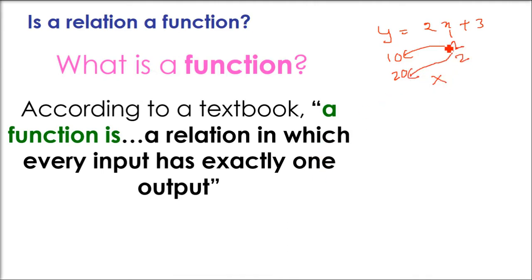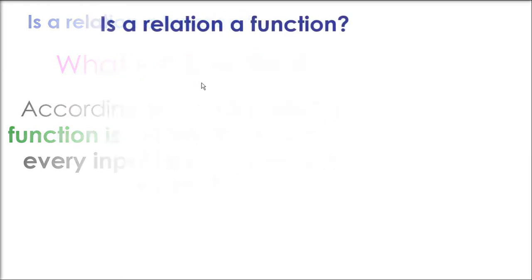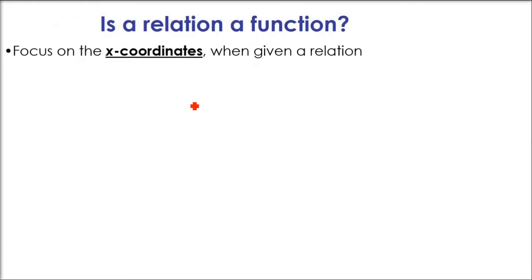This is not a function. If you're putting 1, you're getting 10, it's okay. 2, 20, it's okay. A relation in which every input has exactly one output. For 1 x, there will be only one y. For 1 x, you cannot have multiple y's.